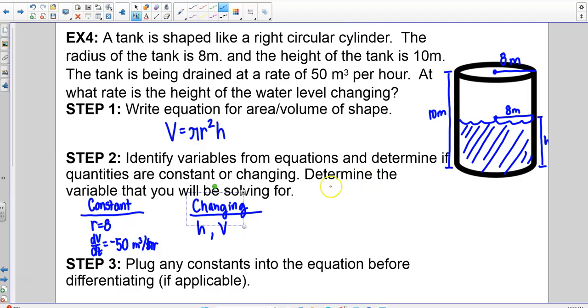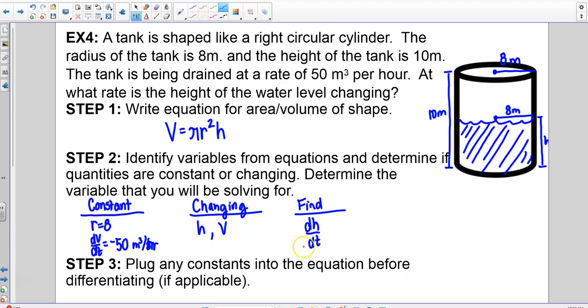Then we need to think about what we're finding. We want to determine, at what rate is the height of the water changing? So what are we finding? The rate of the height that's changing. When you see that word rate, you're thinking d something dt. So it's height, so it's dh dt.